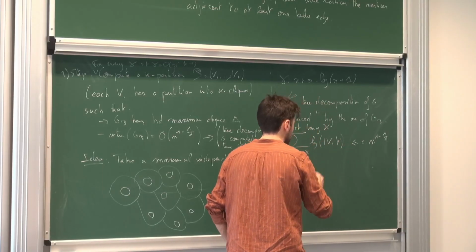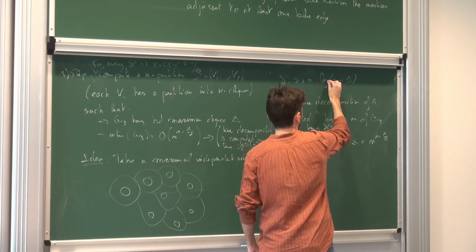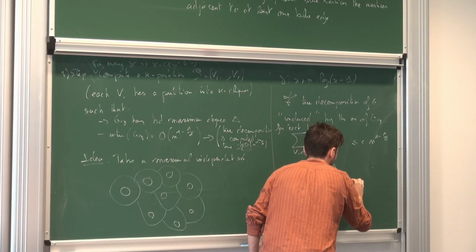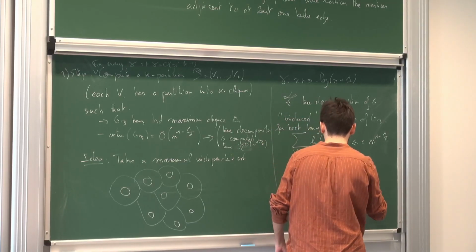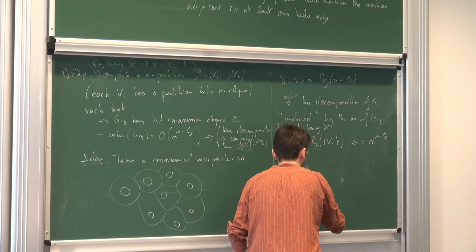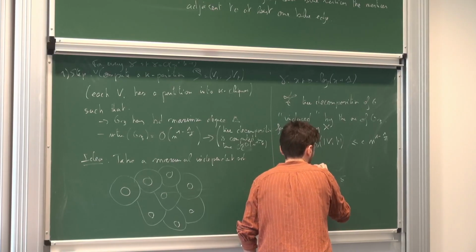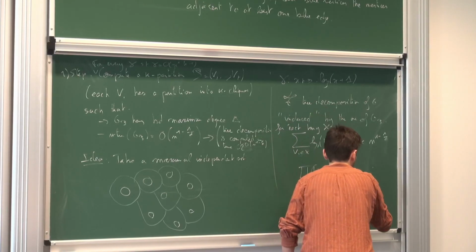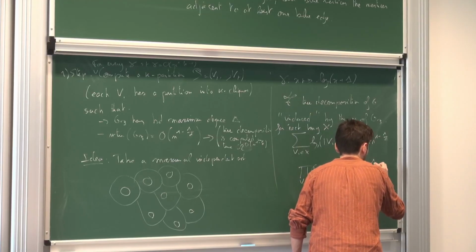And so when we take the exponential, the product of (VI plus 1) is at most 2 to the square root of V.